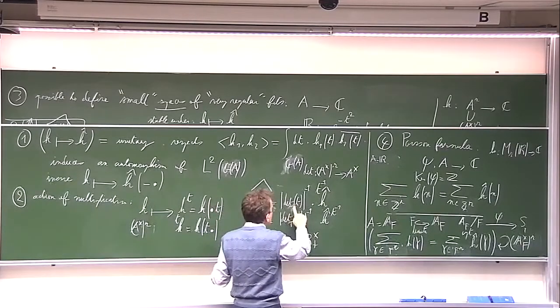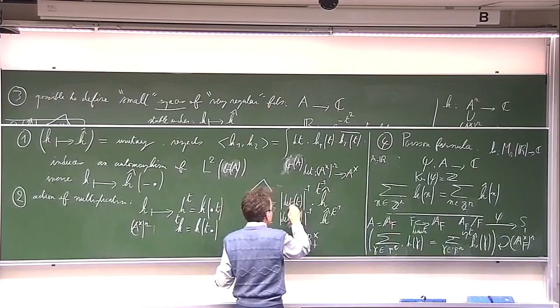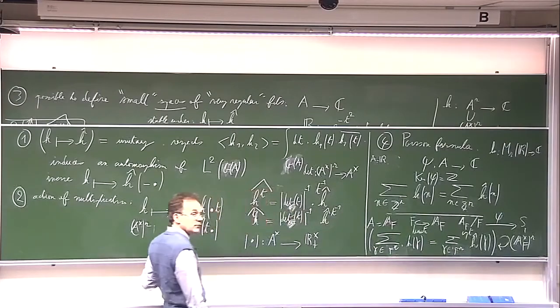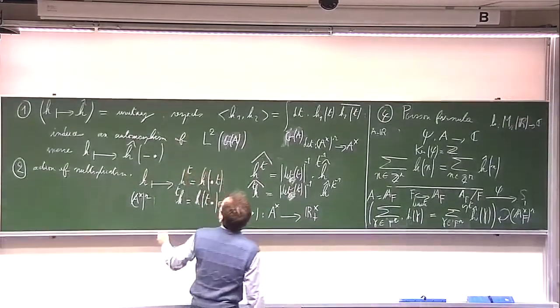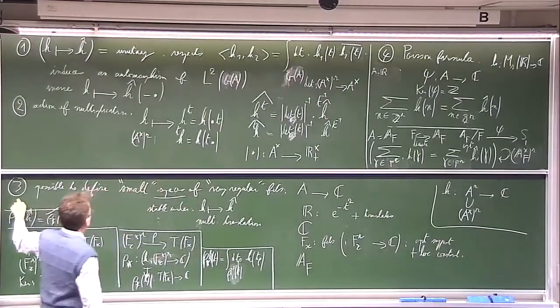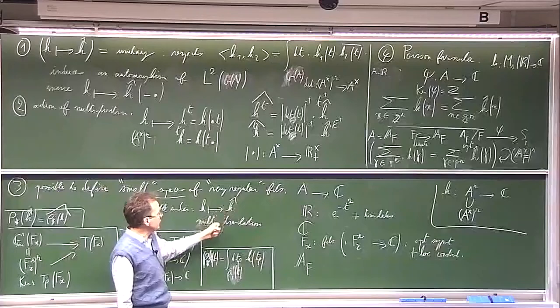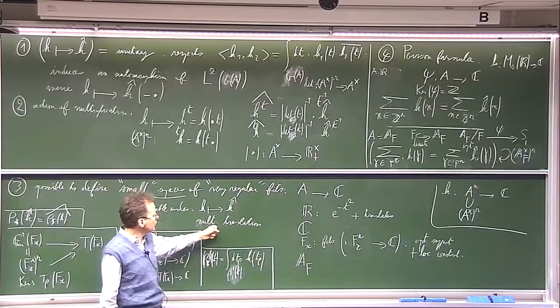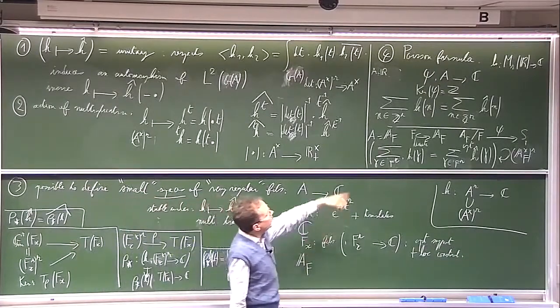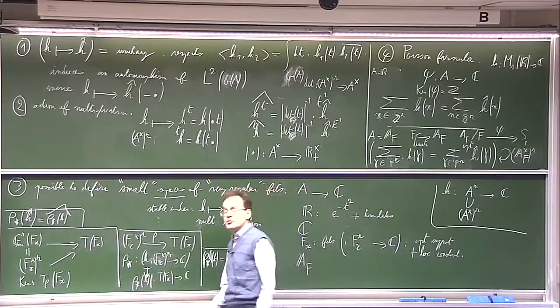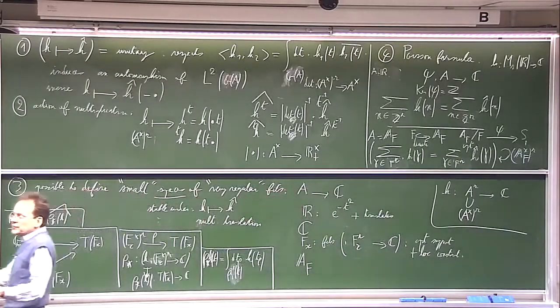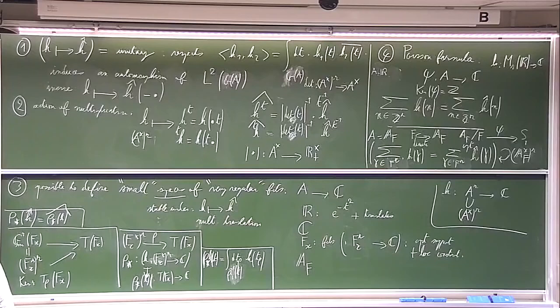So here we would have to replace the characters we had by some character of the reductive group. We should be able to define small spaces of very regular functions which are stable under the Fourier transform and under multiplicative translation. And lastly, there should exist a Poisson formula, which means a Poisson linear functional fixed by the Fourier transform operator.